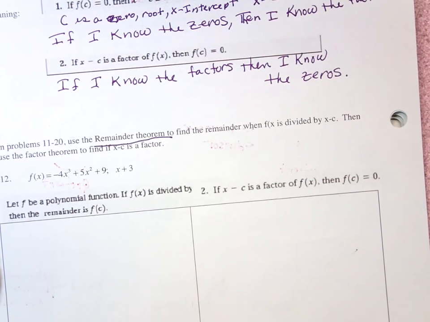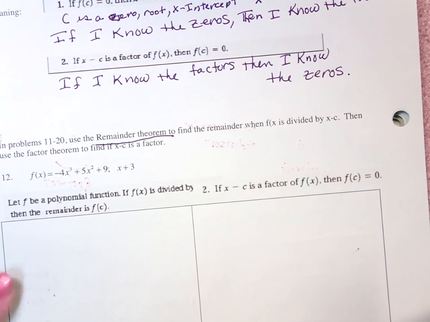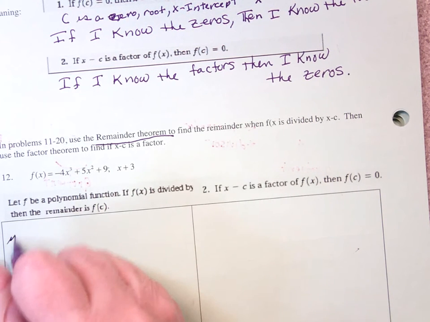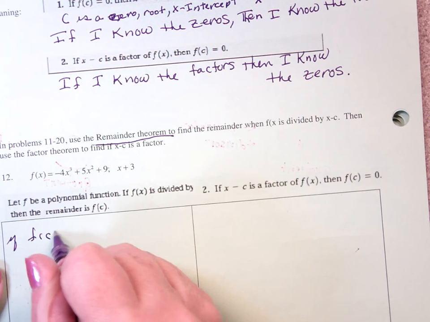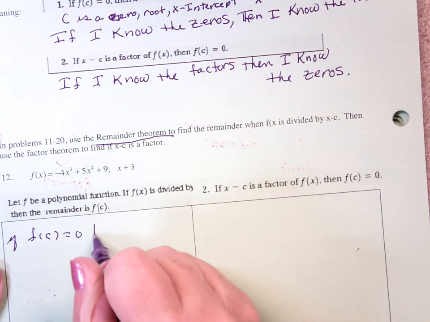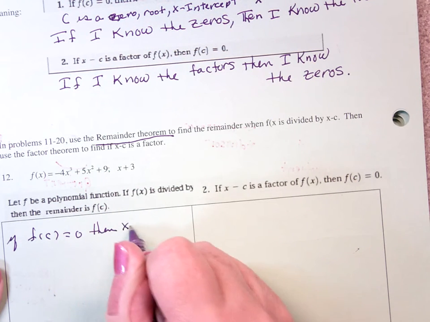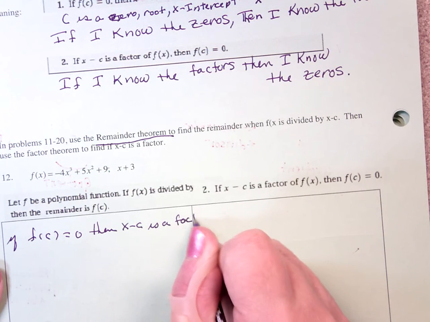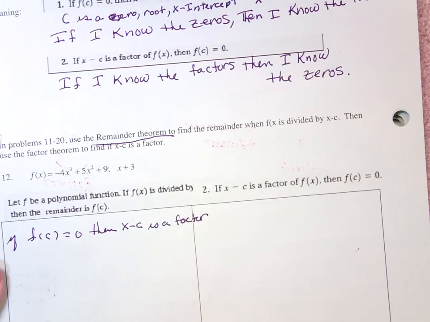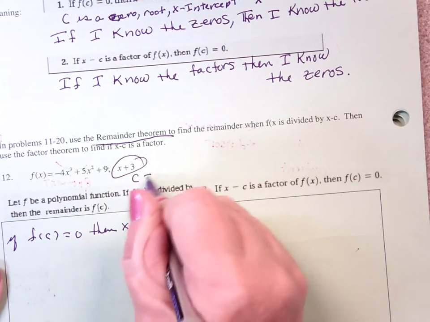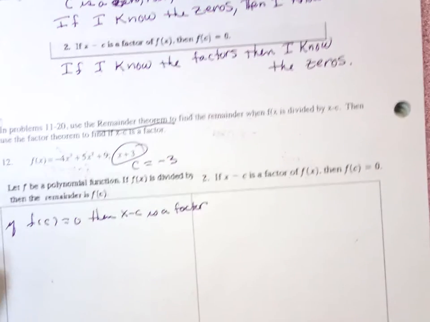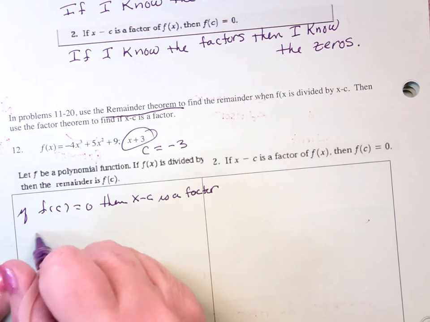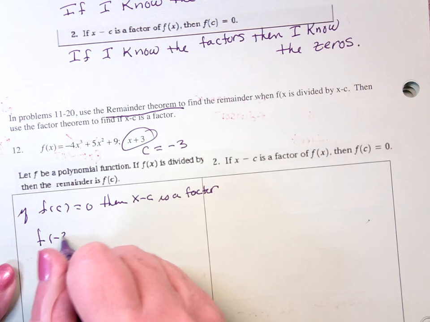Well, the remainder theorem says that if f of c equals 0, then x minus c is a factor. What's c in this case? c equals -3. So now I need to check f of -3.